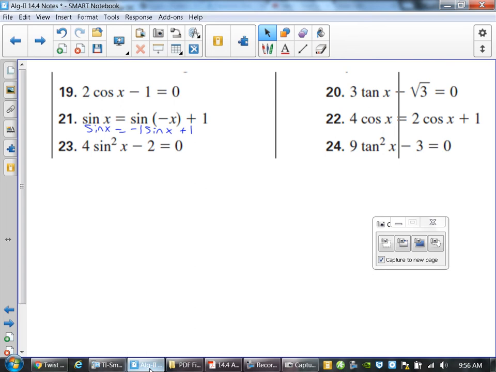But the rest of them should be all right, even though you have that sine squared. One little trick: how do you undo squaring? When you square root over an equal sign, what do you have to have? Very good. Plus minus. That's a little hint for 23 and 24. The rest of them should be all right.